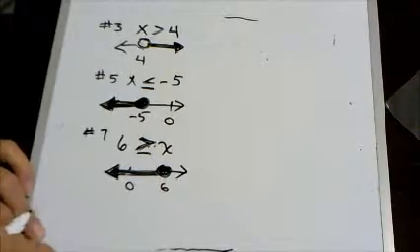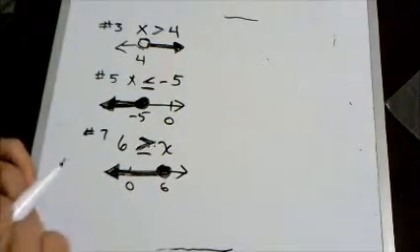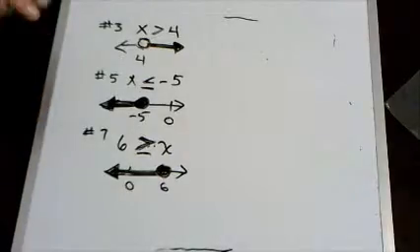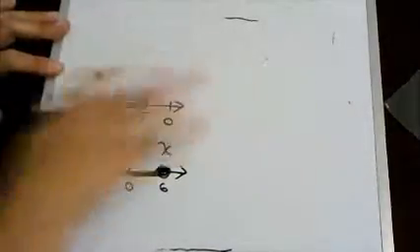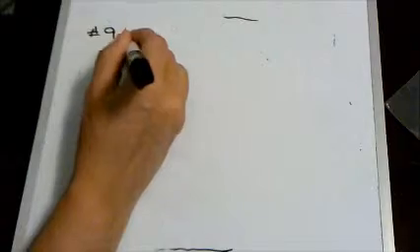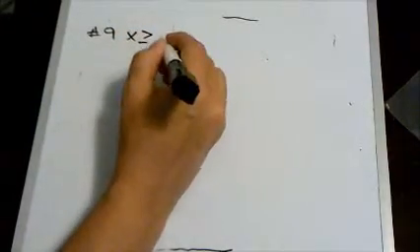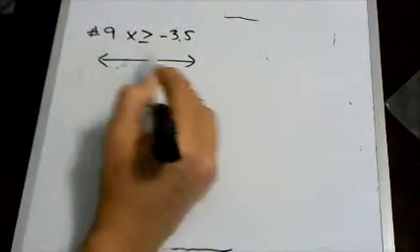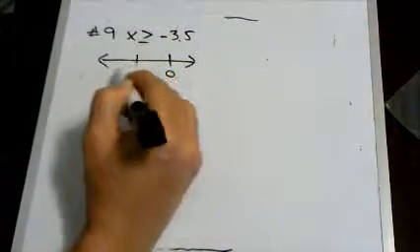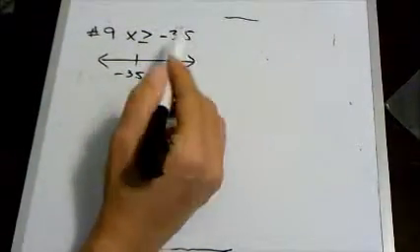Okay, that's number 7. Now let's do number 9. For number 9, we have x is greater than or equal to negative 3.5. So here's your number line. Here's my 0 right here, and a negative 3.5 goes right there.